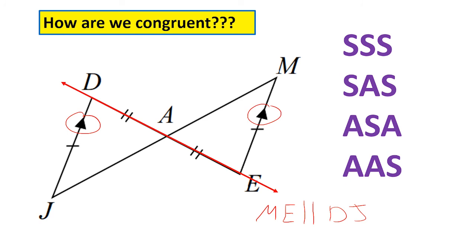So since DE is a transversal and DJ and ME are parallel sides, we can conclude that angle JDE and angle MED are congruent because they are alternate interior angles.